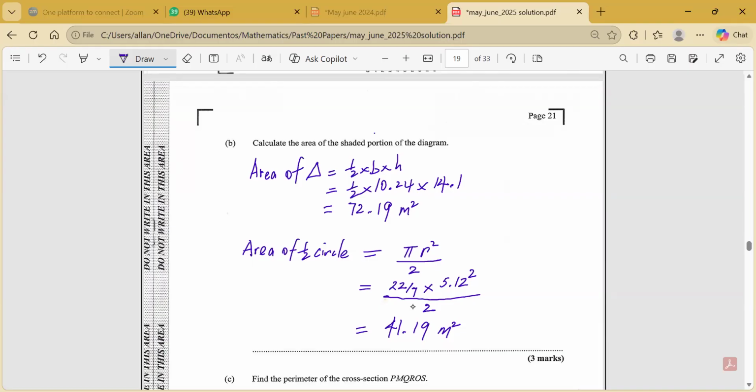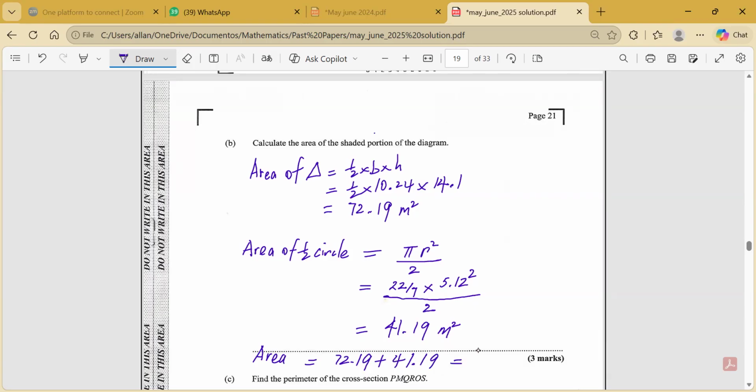All right. Now they ask for the total area. So the total area would be 72.19 plus 41.19.